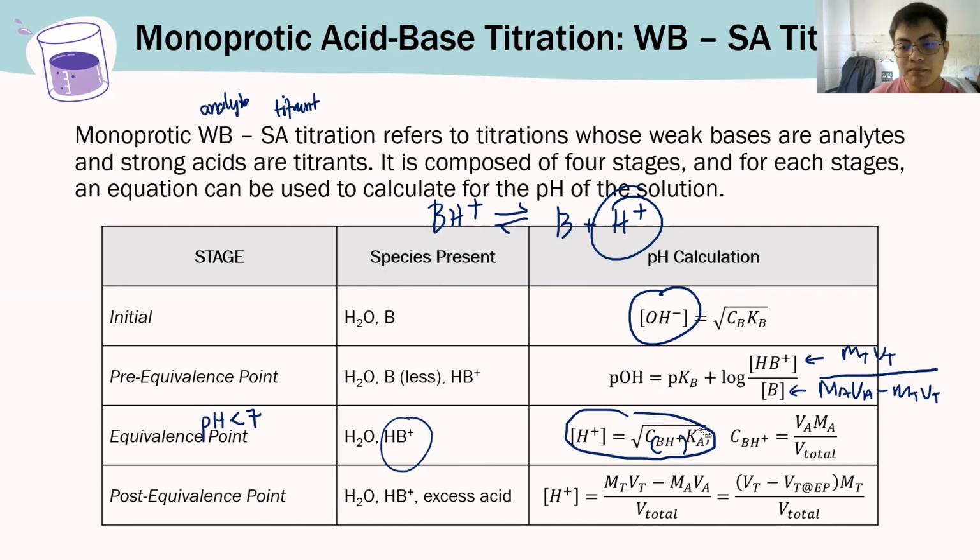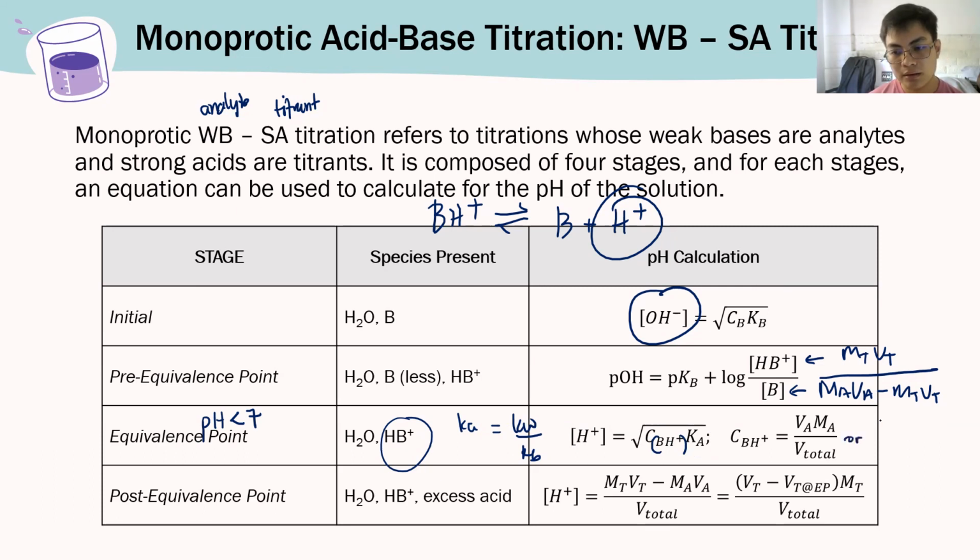And then, paano kinukuha yung Ka? Again, Ka times Kb equals Kw. So divide both sides by the Kb lang. And paano naman yung concentration of the conjugate acid, no? So we have two equations here, parang kanina lang din.